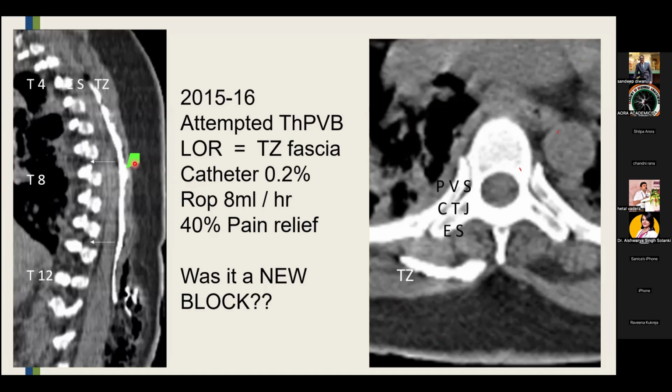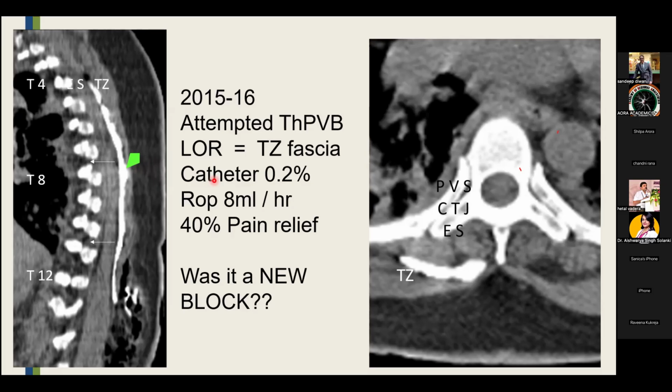On day 1, she had 40% pain relief with 8 ml per hour of 0.2% ropivacaine, and I thought that I was in the paravertebral space, but somehow at the back of my mind I felt that somewhere I'm going wrong. If I'm in the paravertebral space, why should she have only 40% pain relief?